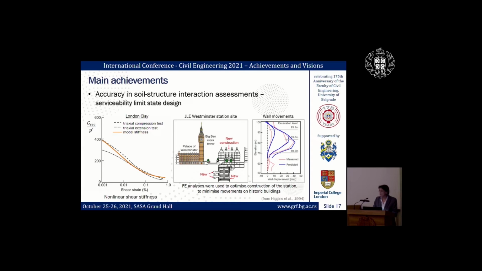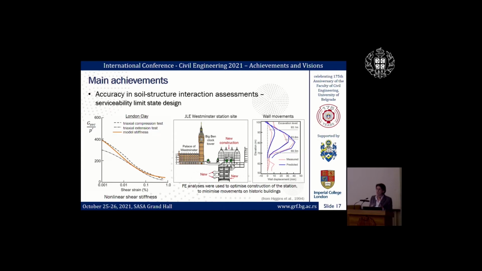And the picture to the right shows the diagram of the lateral movement of one of the station walls at different elevations of excavation, comparing the predicted and measured movements during the construction. And again, this was very accurate and the predicted safe construction was fulfilled. So that was one type of problem that in the UK became a must for industry.